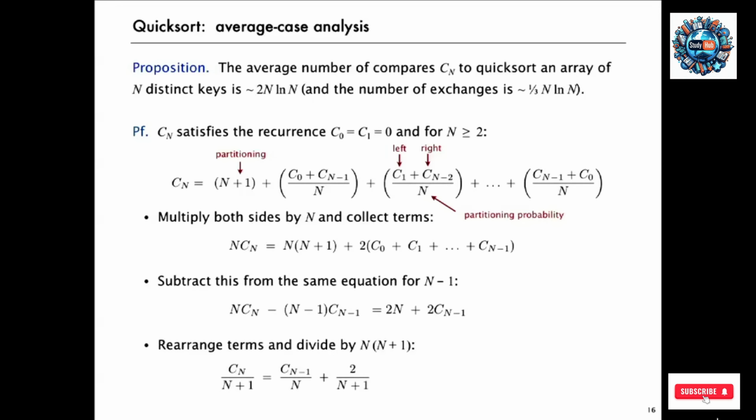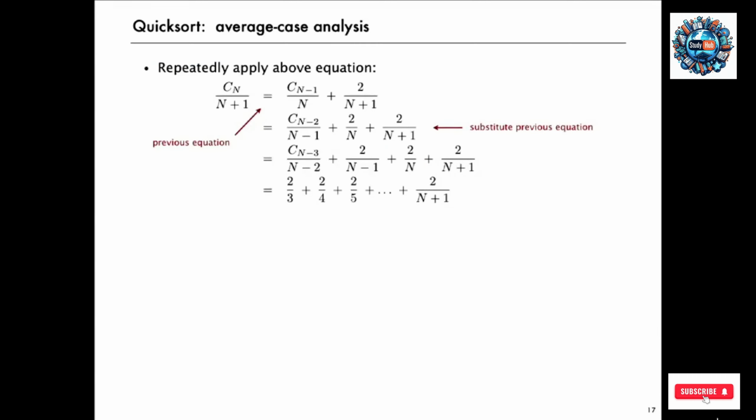Rearrange the terms. So we get (n plus 1) C_{n-1}, and then divide by n times (n plus 1). That's a kind of a magic step, but we'll see that makes it possible to solve the equation easily. Because that equation with C_n over (n plus 1) equals C_{n-1} over n is an equation that telescopes.